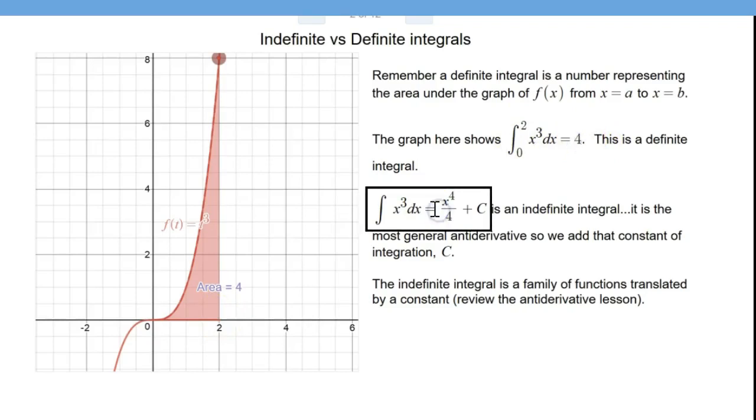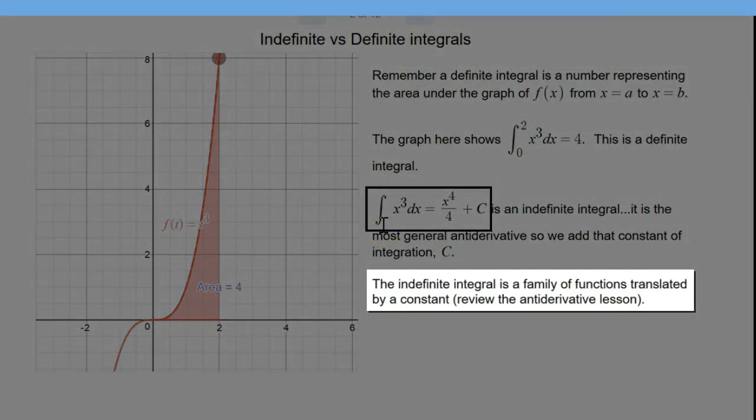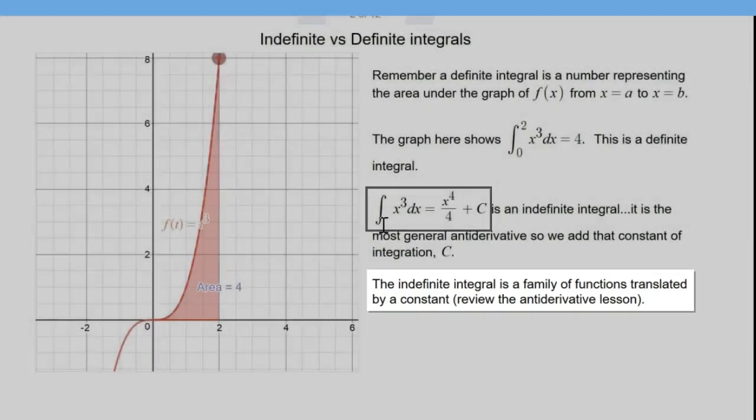Whereas an indefinite integral is just an antiderivative. It's a general antiderivative. So we need to remember to add that constant of integration every time we see an indefinite integral. And so like antiderivatives, it's a family of functions translated by a constant.